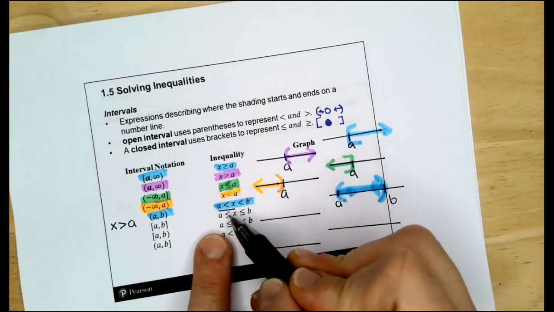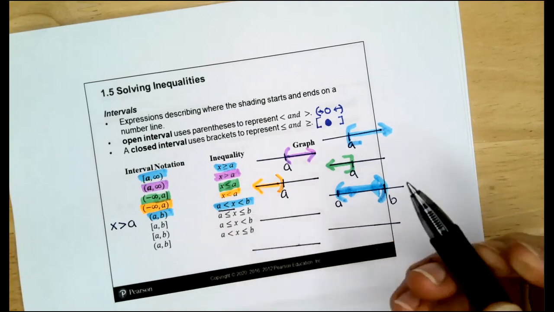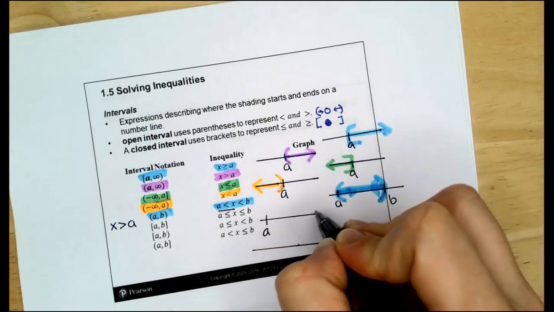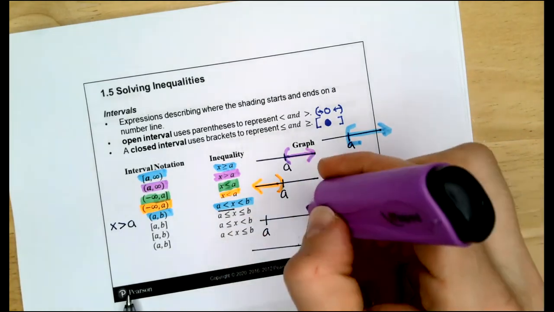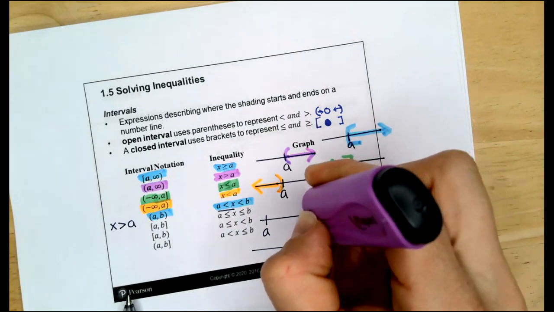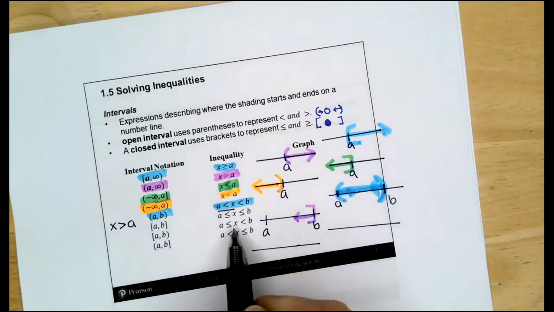Here we have A is less than or equal to X. X is less than or equal to B. So I know it's going to be a bracket. Less than is that direction. Okay? And then again, I can rewrite it.